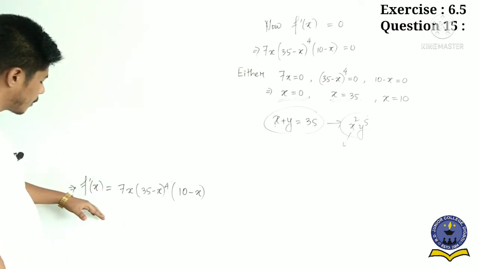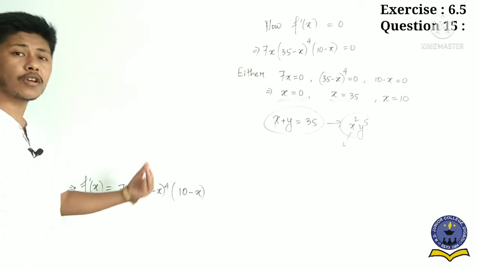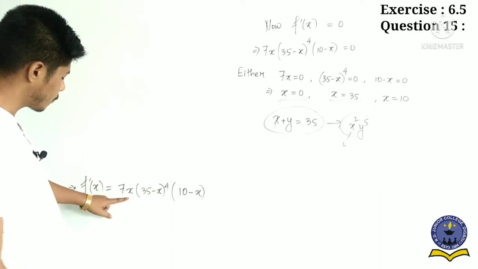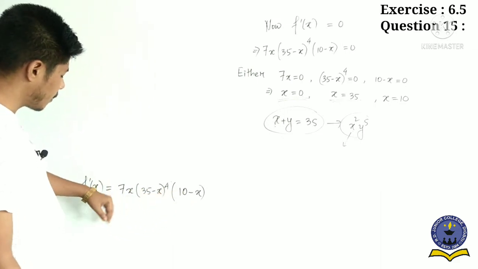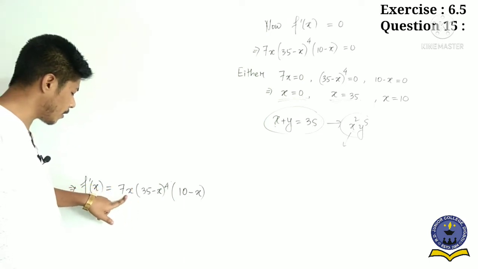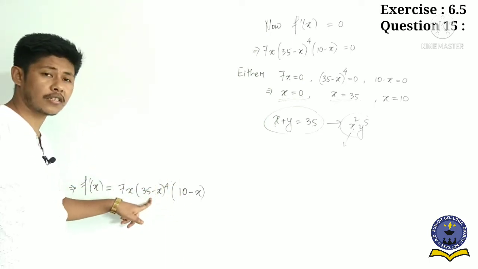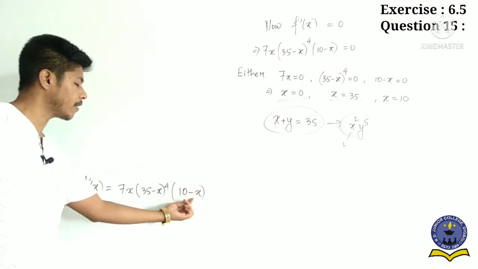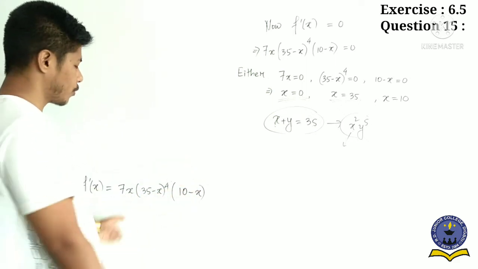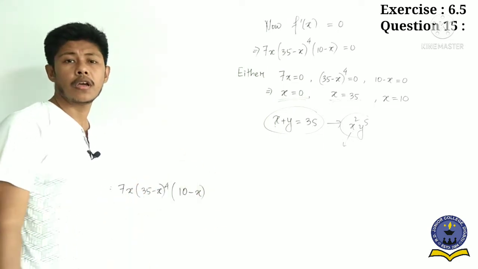So how can we differentiate this one? First we differentiate this one and we keep the other two same, second time we keep the first same and third same, and differentiate the second one, and finally plus we keep these two and differentiate the third one. This one is the process, d/dx of u into v into w.